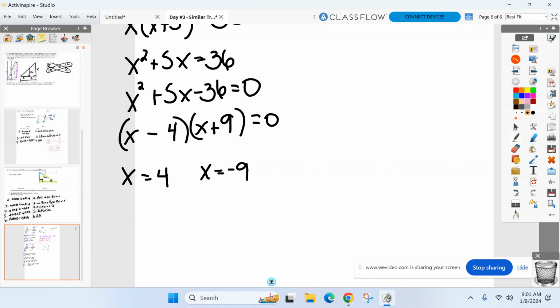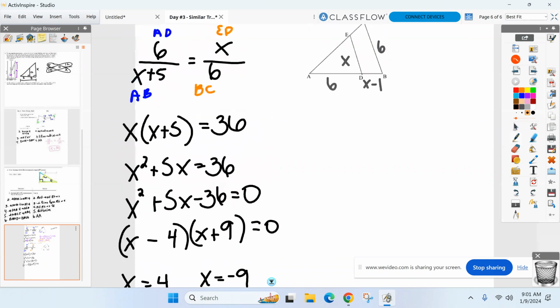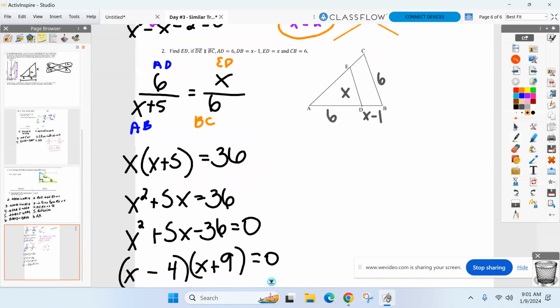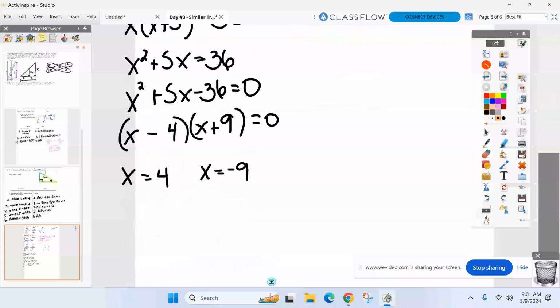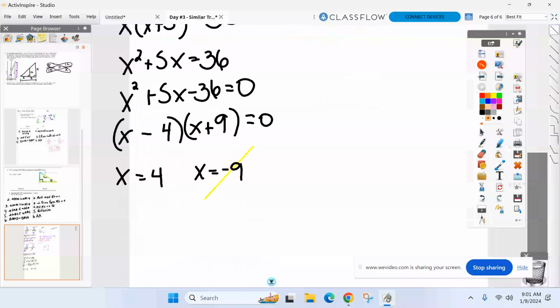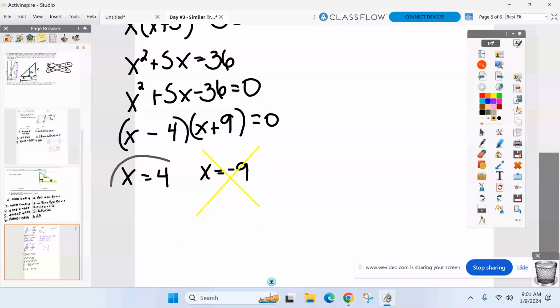But again, got to be disciplined if your problem has a diagram. If I take negative 9 and plug it in for ED, we're going to get a negative side length. So please be aware of your answers. So the only answer we could have here is 4.